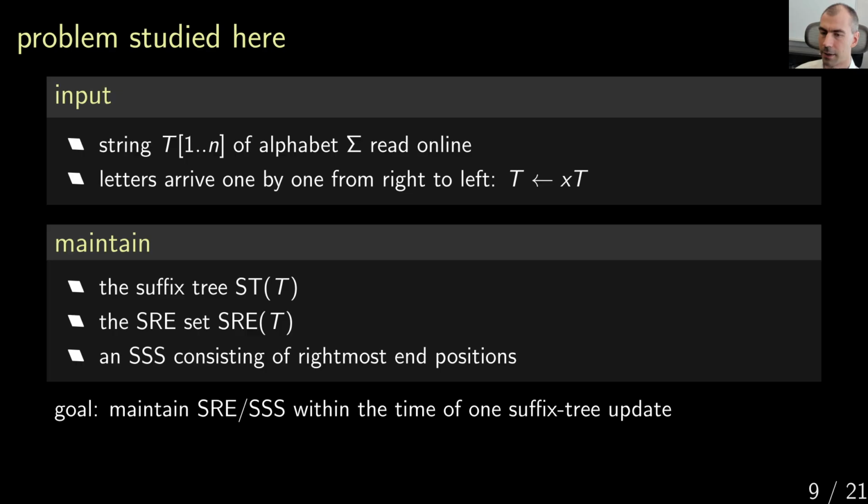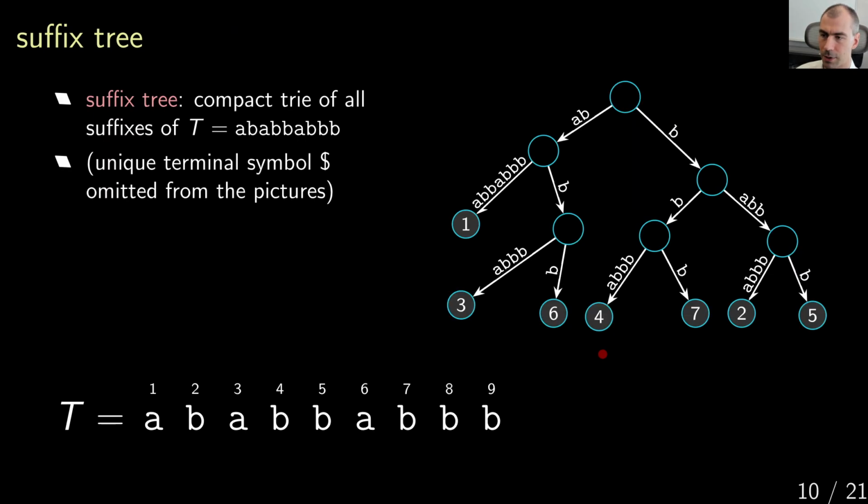Okay, with that we need to define the suffix tree, which is a compact trie of all suffixes of our text. Here in this example, this is the suffix tree of this text here. Usually you define it with a terminal $ sign, but we don't need it in this talk, so it is omitted.